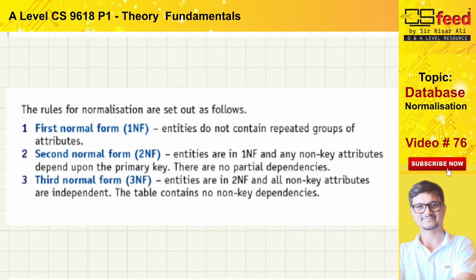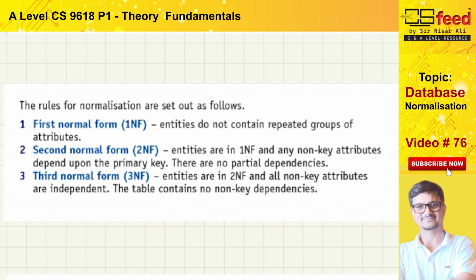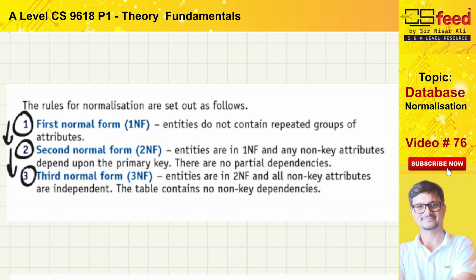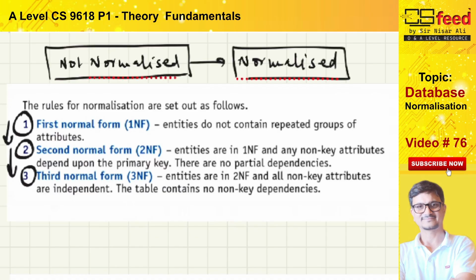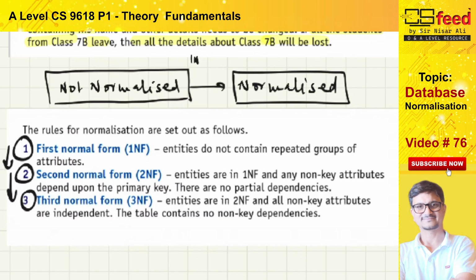Now this non-normalized database is normalized after passing through 3 steps. Step number 1 is the first normal form, step number 2, and step number 3. So a non-normalized database, when it is normalized, has to pass through these 3 processes: 1NF, 2NF, 3NF.